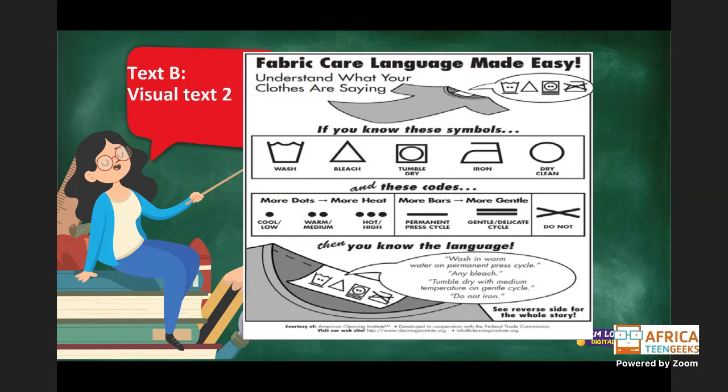I'm sure you guys can recognize this as well. You can see a piece of clothing there that looks like a t-shirt. You see a label there, and this is what the picture, I think, is all about.